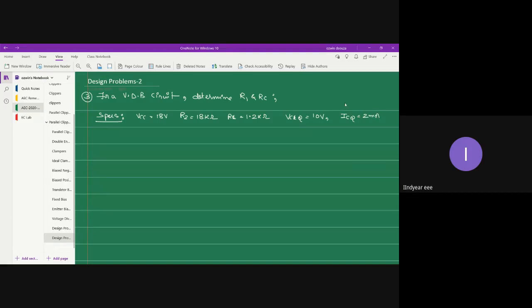That's all. So you have been given some resistance values, the power supply voltage value and the Q point coordinates, right?